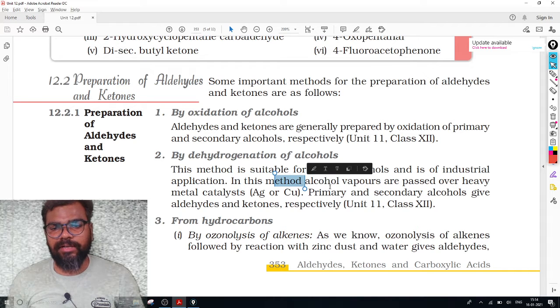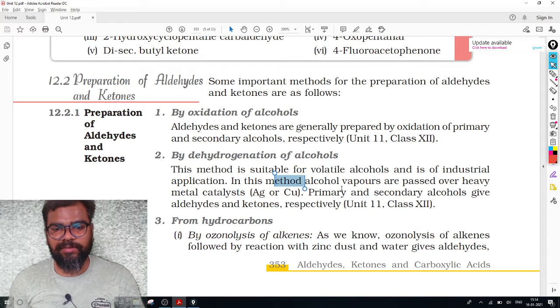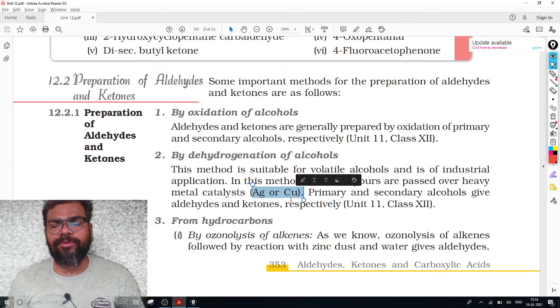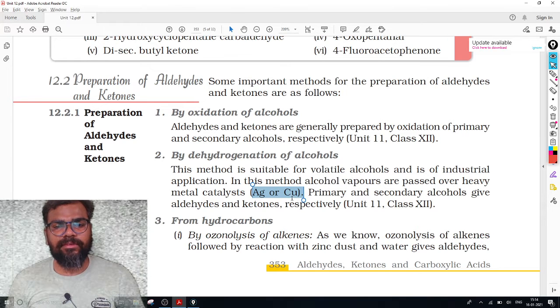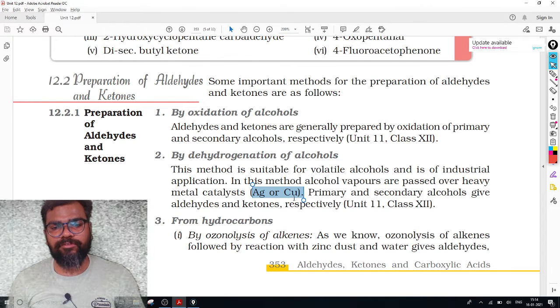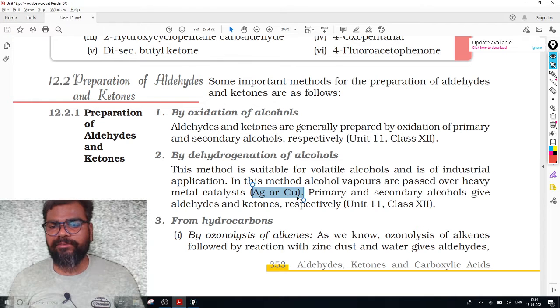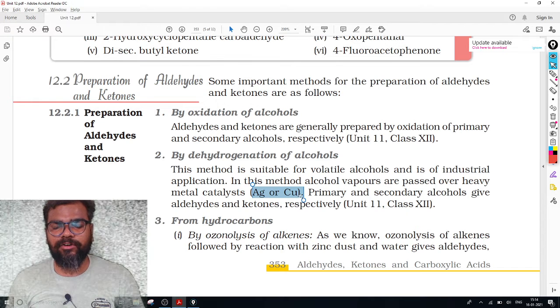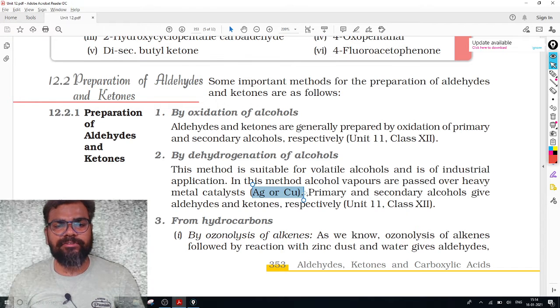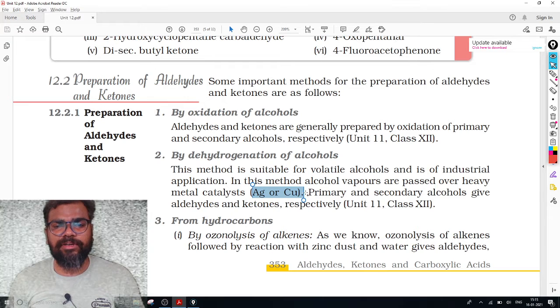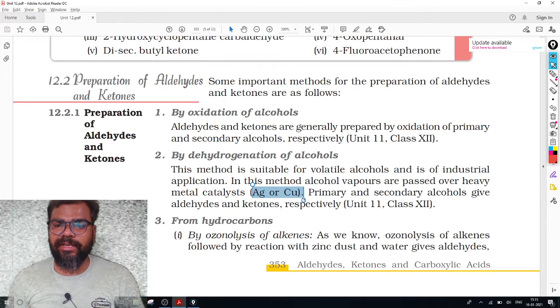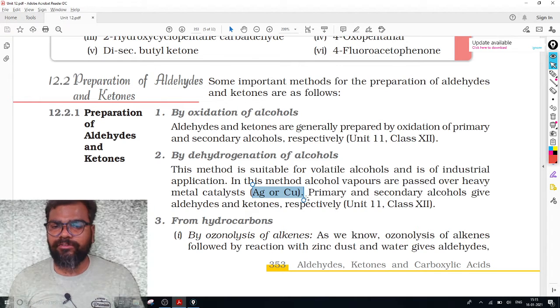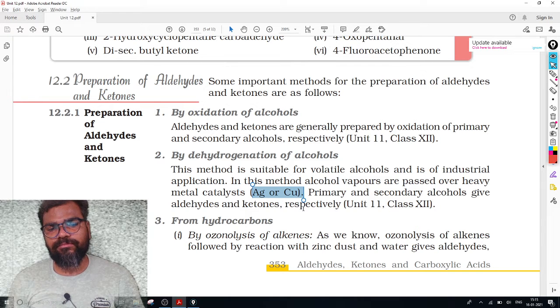In this method, alcohol vapors are passed over heavy metals like silver and copper. Primary and secondary alcohols give the aldehyde and ketone respectively. Primary alcohol gives the aldehyde, and secondary alcohol gives the ketone.